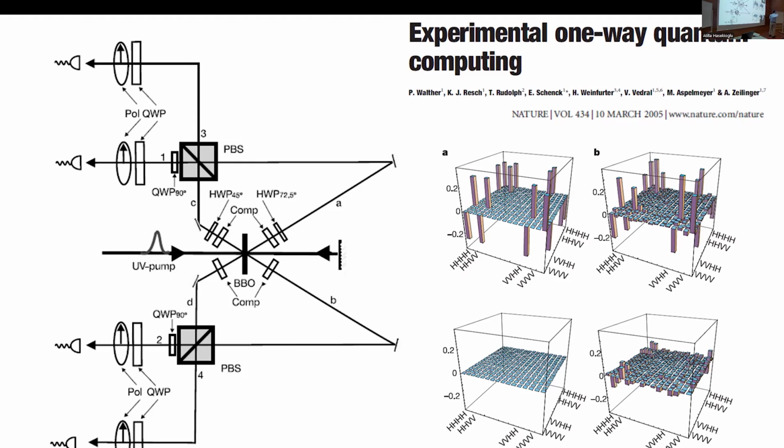The 4 photons are in this state: H, B, plus B, H. Let me just confirm this.